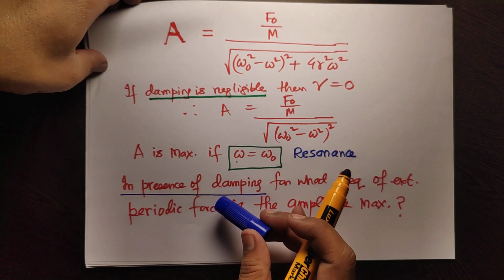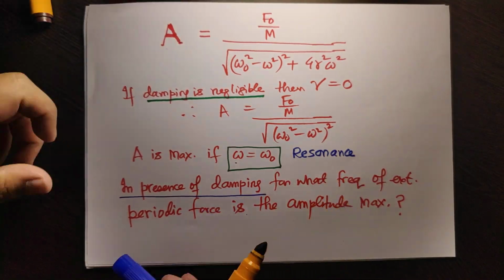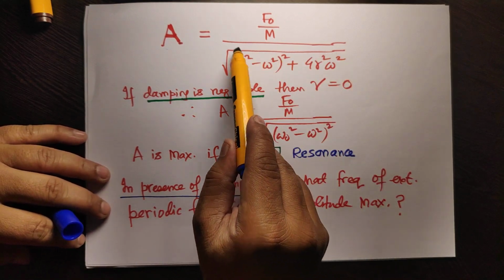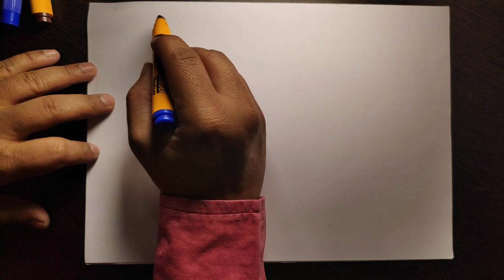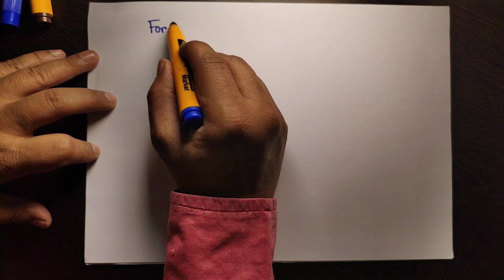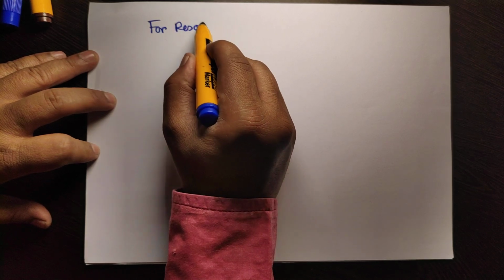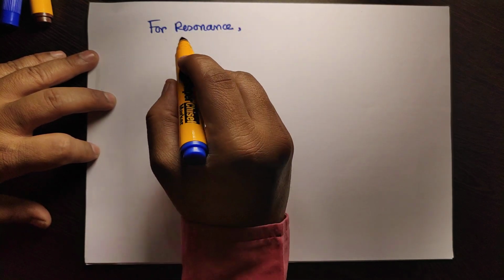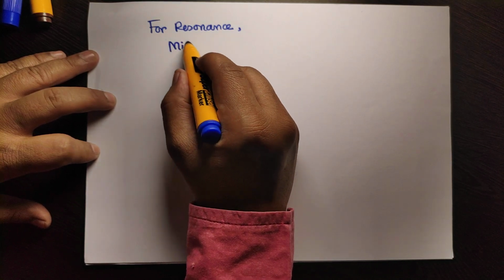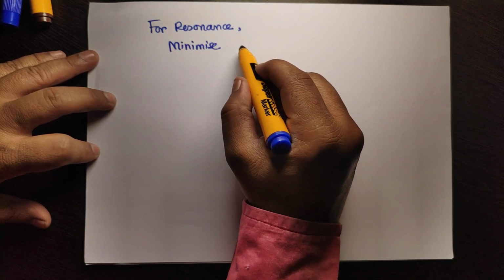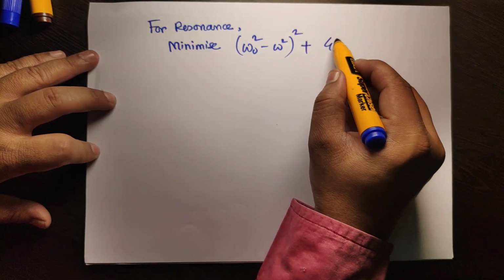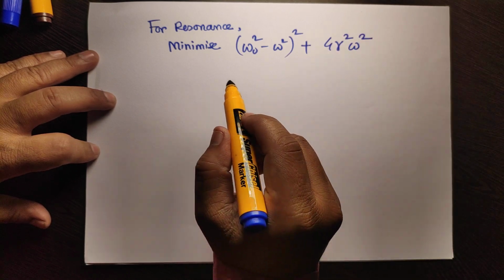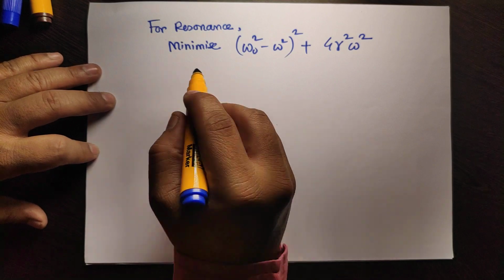Okay. So we have to maximize A, maximizing A, that means we can minimize this quantity inside the bracket. Let's see. So for resonance, we have to minimize this: omega naught square minus omega square whole square plus 4 gamma square omega square, right?